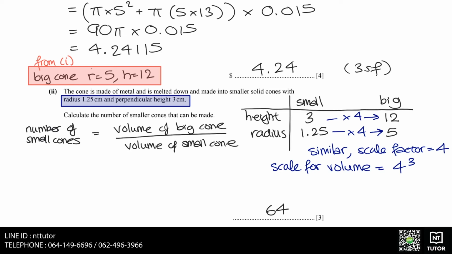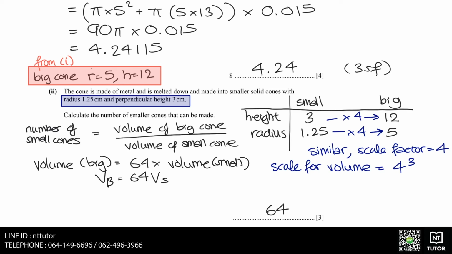So this means that the volume of the big cone would equal 64, which is 4 to the power of 3, multiplied by the volume of the smaller cone. So when we calculate for the number of small cones we could make by doing volume of big cone divided by volume of small cone, it would equal 64.